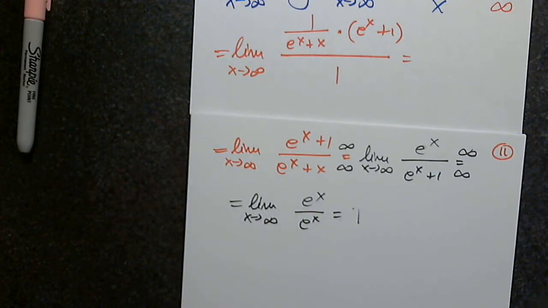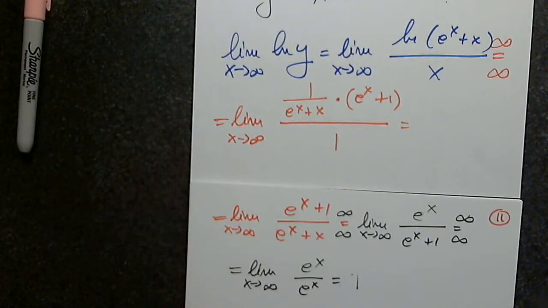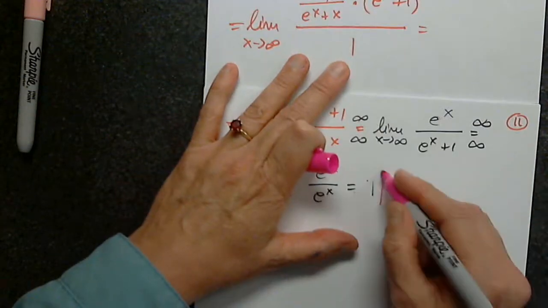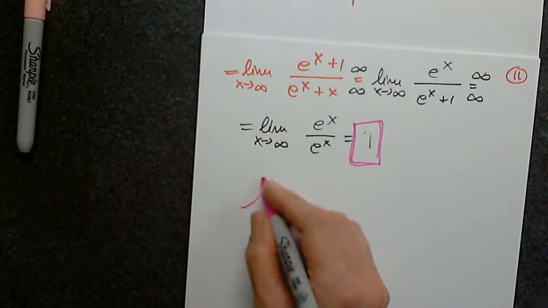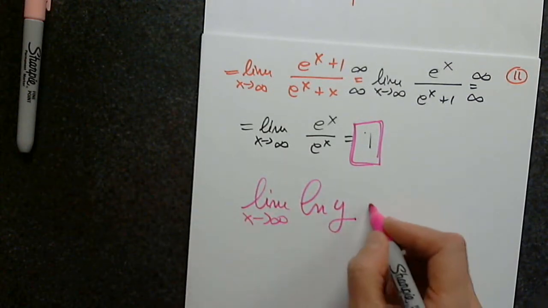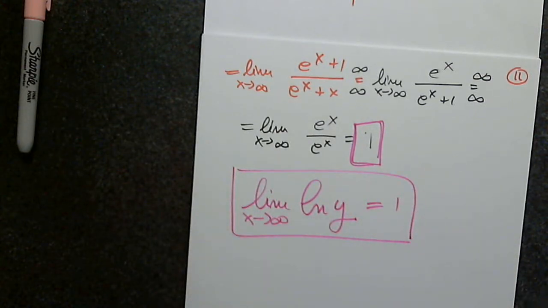We haven't finished. Now we go back to our starting point. This is our starting point. And this is our end point. I'm going to copy the start and the end. The limit of natural log y as x approaches infinity is 1. Because this function is continuous, I am allowed to swap the operators. What would you write?